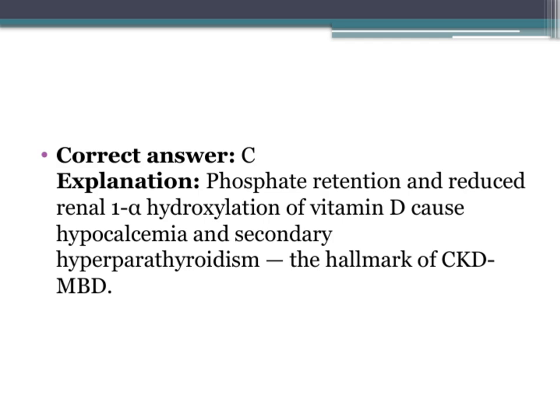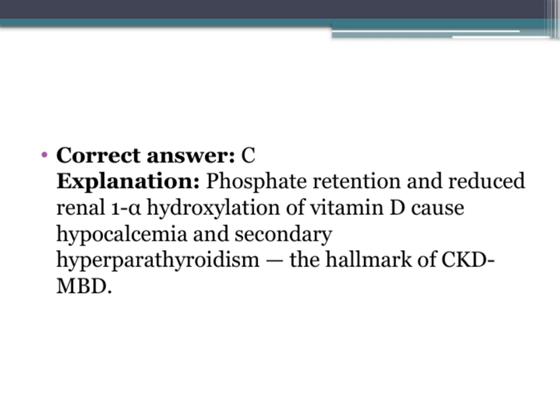These changes, phosphate retention and decreased vitamin D activation, set off a compensatory response, secondary hyperparathyroidism. The parathyroid glands release more parathyroid hormone to try and restore calcium levels, but this is a hallmark feature of CKD-MBD, or chronic kidney disease mineral and bone disorder.